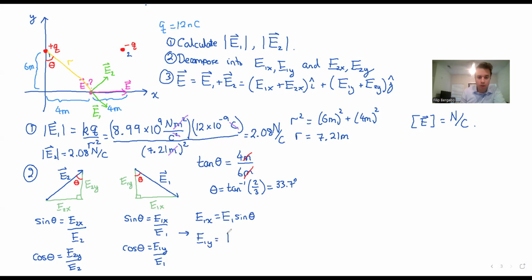E1y equals E1 cosine theta. E2x is E2 sine theta. And E2y, if you can see it here at the bottom, is E2 cosine theta. Right?